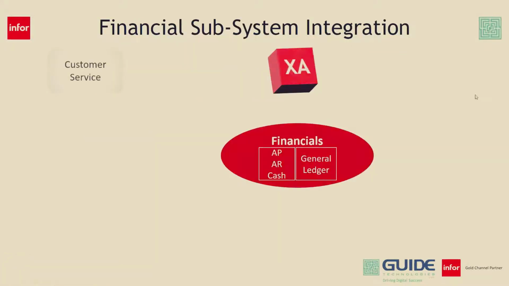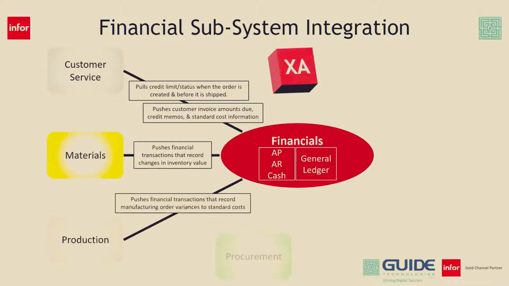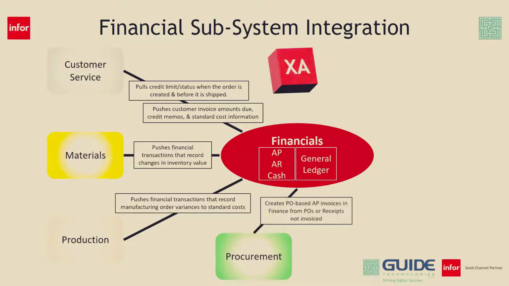Got a couple of slides here and then some customer videos that we're going to show you. But what I first wanted to focus you on is that within the XA ERP system, the guts allow us to pass data and reference data from the other XA systems that exist.